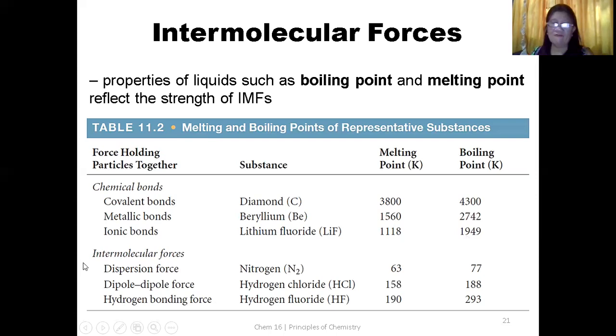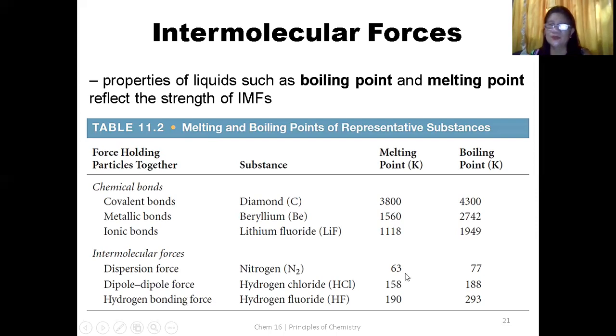But for the IMF, there are three types of IMF. That is the dispersion force, the dipole force, and the hydrogen bonding. The dispersion force, for instance, is in nitrogen, N2. Look, the intermolecular forces have lower melting and boiling points compared to chemical bonds, covalent, ionic, and metallic.